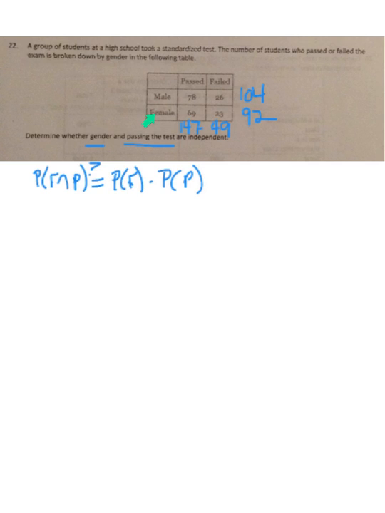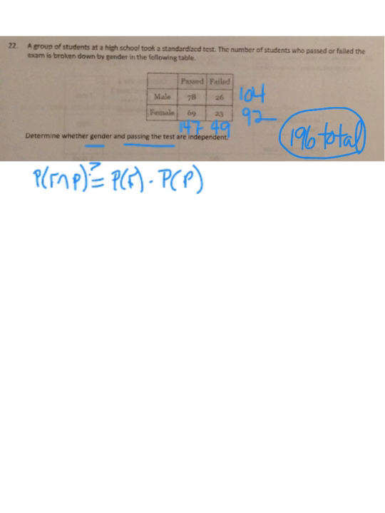Well, female and passing, that's 69, right? Okay, now let me also back up for a second, and it should always be out of a total. And total would just be adding those four numbers up, right? If you add those four numbers up, you're going to get 196 total. I'll put that over here. So that's how much we have total.